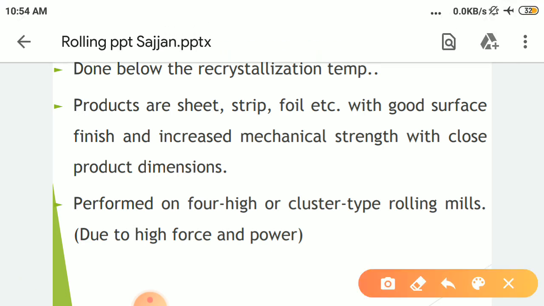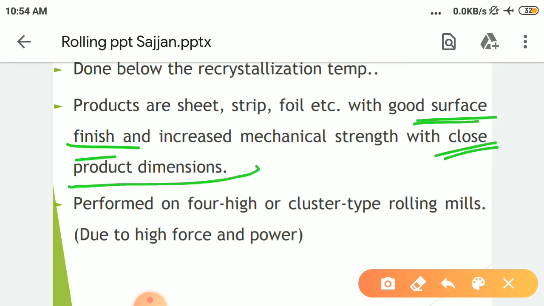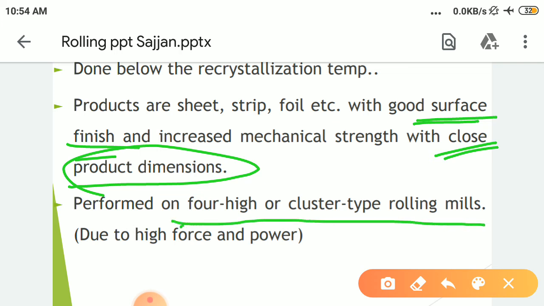In case of cold rolling, surface finish will be good, as well as close tolerance. So close product dimension. And generally cold rolling is performed on cluster type rolling mills or four-high rollers, because high force is required.